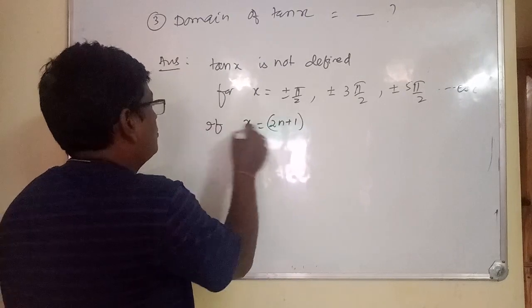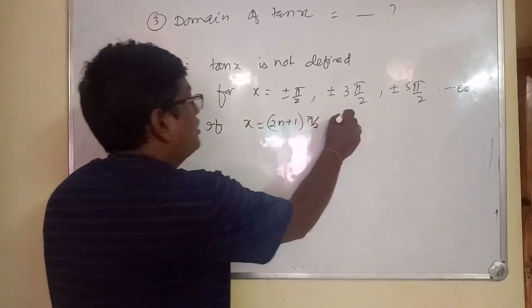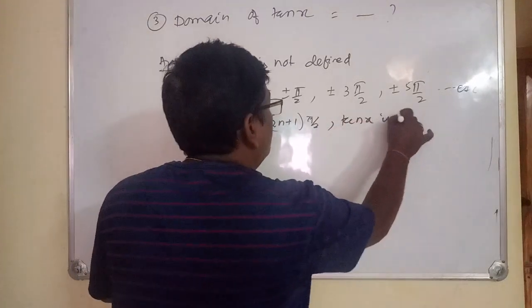For x equal to (2n plus 1) pi by 2, tan x is not defined.